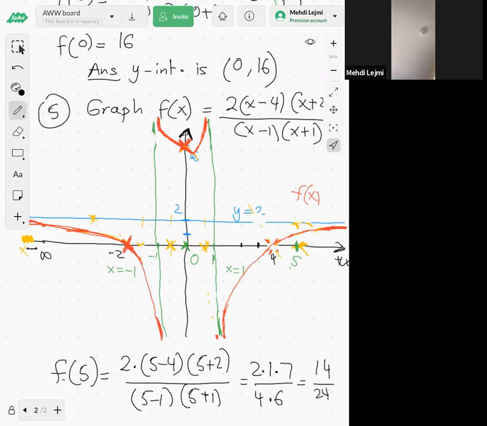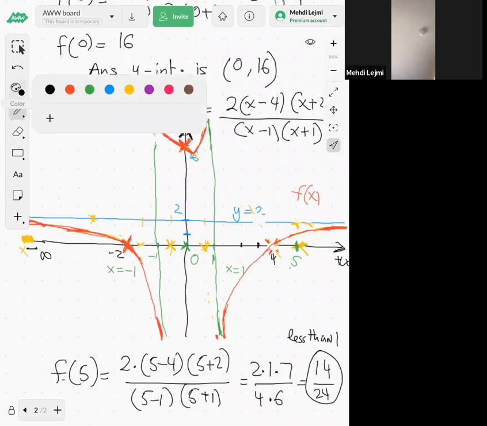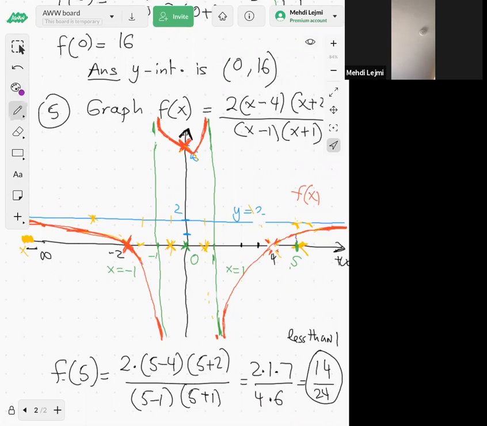So this 14 over 24 is less than 1. What I'm saying is f of 5 should be less than 1. You see here, this is 5. So f of 5 is less than 1. And it makes sense, because I'm supposed to be below the horizontal asymptote, which is y equals 2. So I am below the height y equals 2, so my graph is correct.